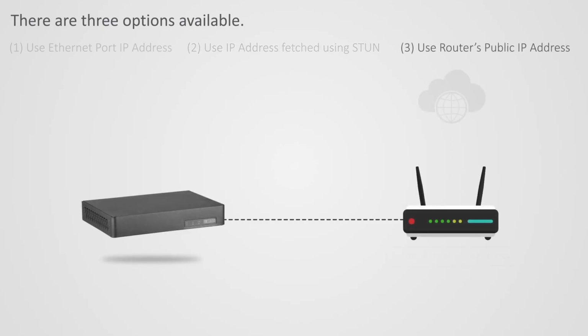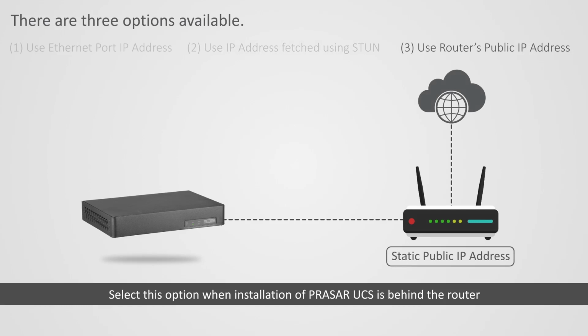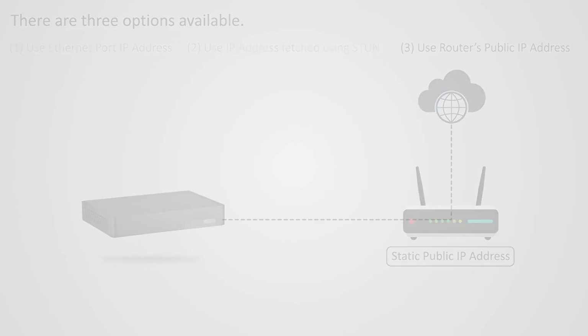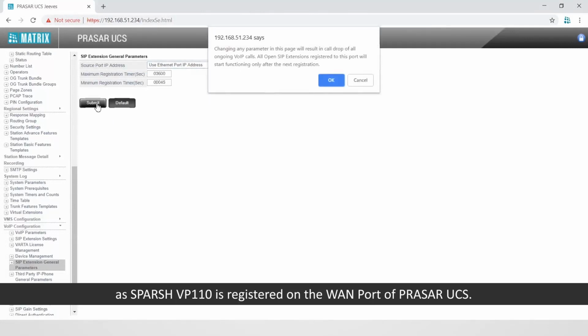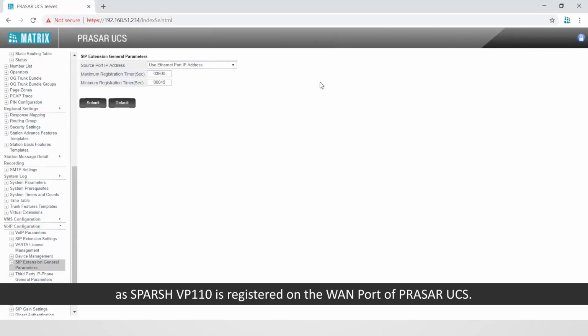Use router's public IP address. Select this option when installation of PRASAR UCS is behind the router and router is configured with static public IP address. We will select Use Ethernet port IP address option in this case as SPARSH VP110 is registered on the WAN port of PRASAR UCS.